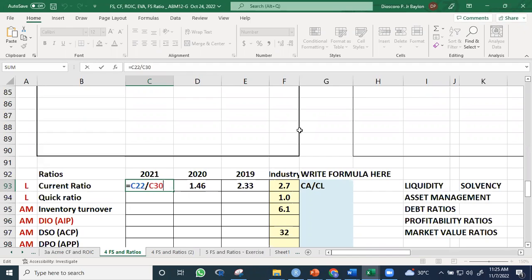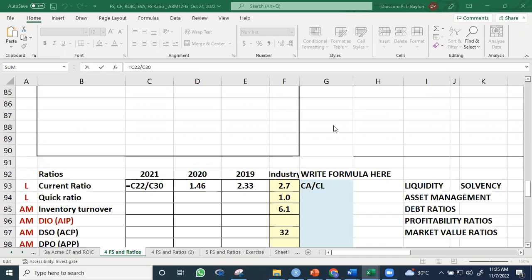Wala pa tayong 80%. A few more seconds, please. Thank you so much for your responses. Let me check kung may question. Please feel free, class, to raise your hands if you have any questions.